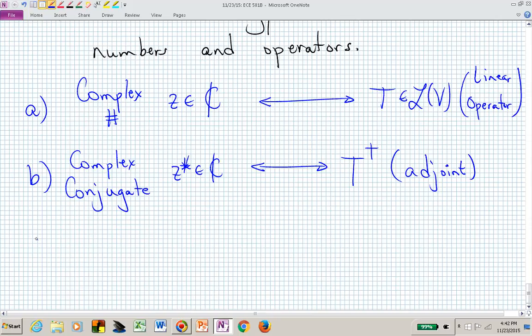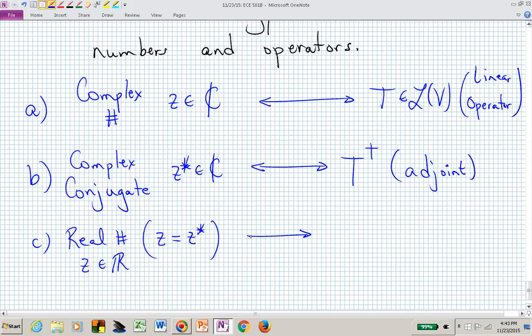What's another one? What if we had a real number? Then we're saying that Z is R. How are Z and Z star related? They're equal, aren't they? If it's real.